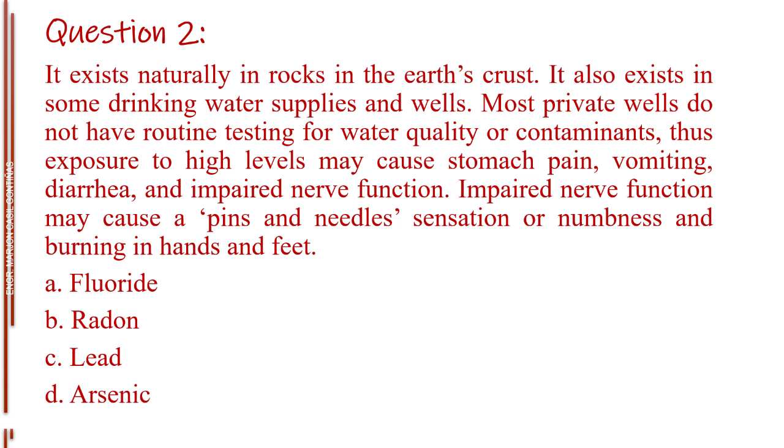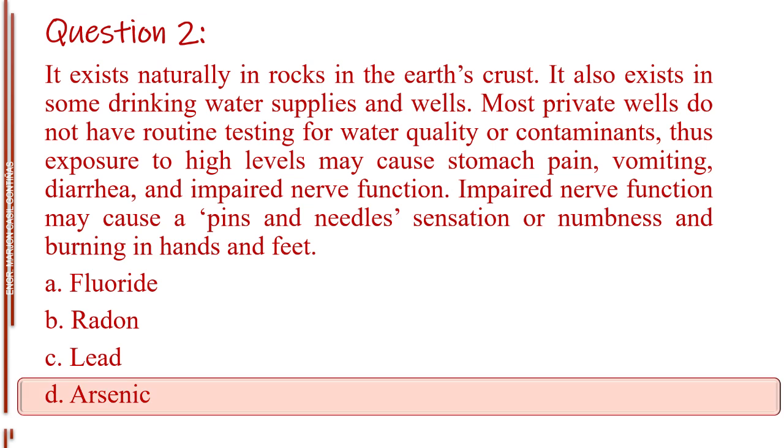Impaired nerve function may cause a pins and needles sensation or numbness and burning in hands and feet. Letter A, fluoride. Letter B, radon. Letter C, lead. Letter D, arsenic. The answer is letter D, arsenic.